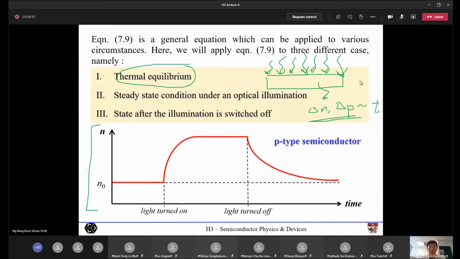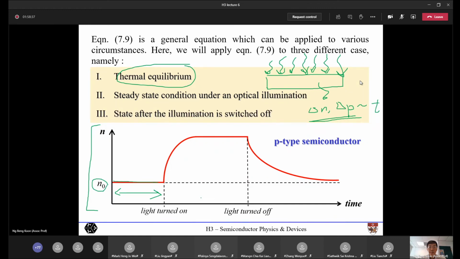So this first portion here is when there's no optical illumination. That means the semiconductor is in thermal equilibrium. So this is actually a trivial case. If there's no external excitation, then you expect the electron concentration to stay at the thermal equilibrium value, which is N0 in this case. So it stays flat at N0.